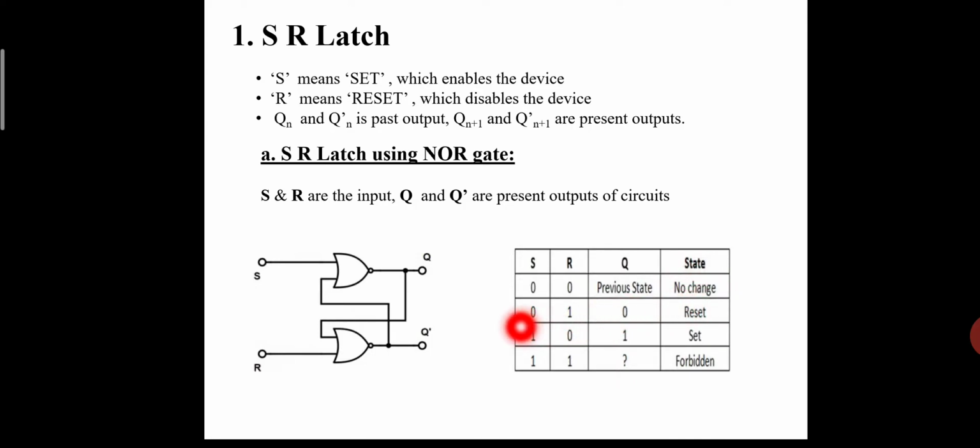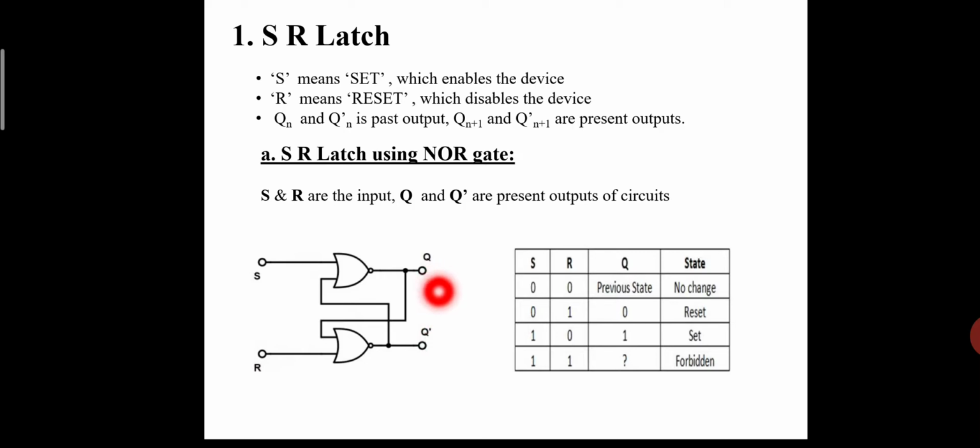And for the 0 1 state, S is 0 and R is 1, so 0 plus 1 gives 1, and by Boolean law 1 bar is 0.